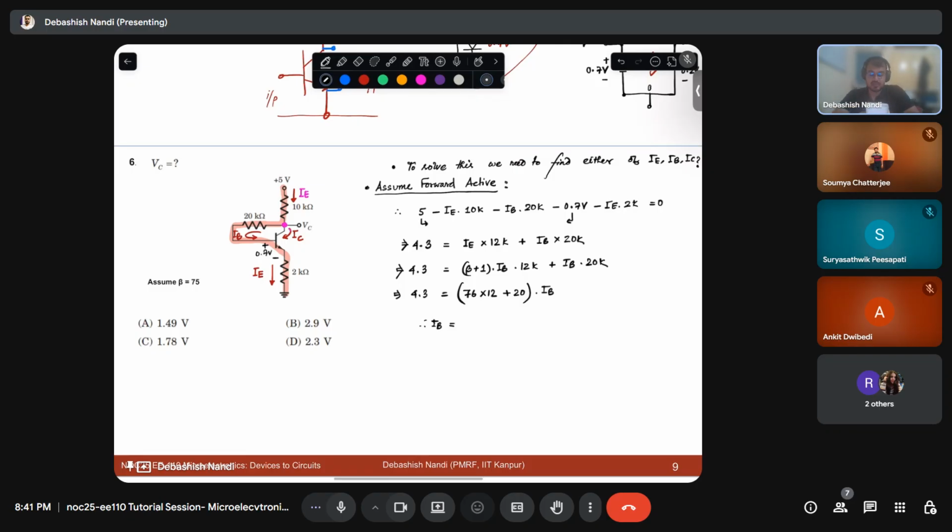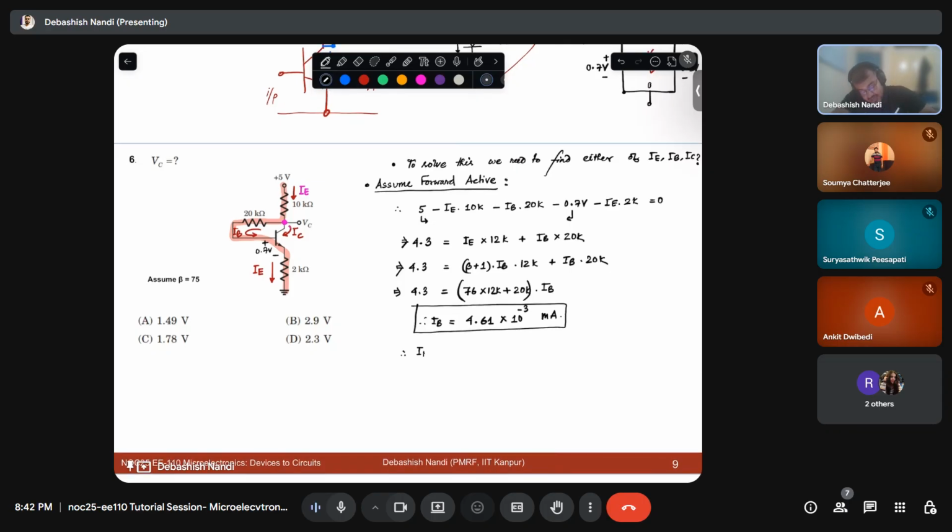So that is how much? Plus 20. 4.3 divided by that is your IB, 4.61 into 10 raised to minus 3 milliampere. Why? Because I am just ignoring the K. Okay, these all are in K. So that will give me the milli, and 4.3 by this much will give me 4.61 into 10 raised to minus 3.